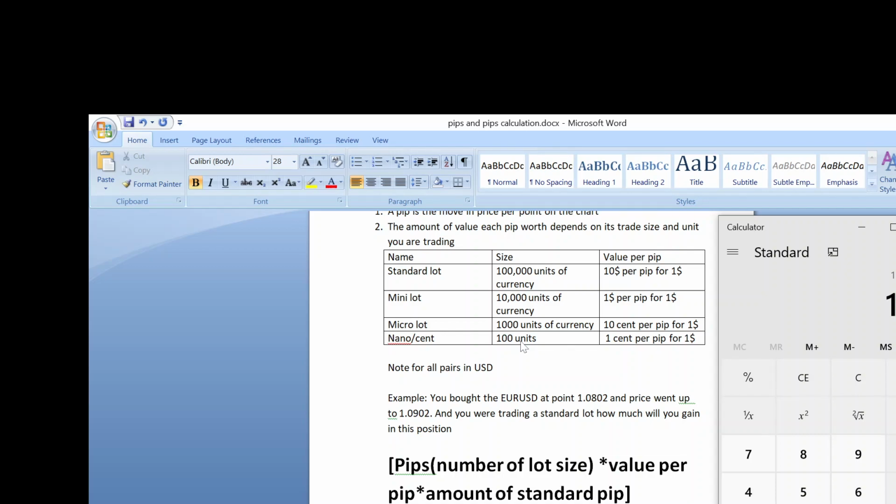So it is pips, which is 100, times our lot size, let's assume we are using 0.01 on a nano account, that is times 0.01, then times 100. So you can see it's 100.